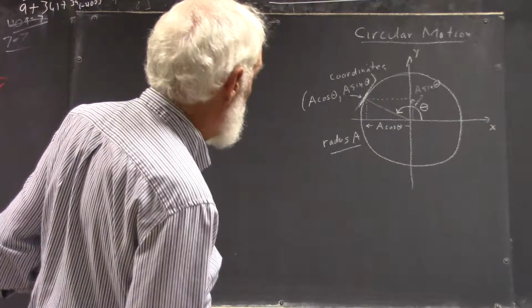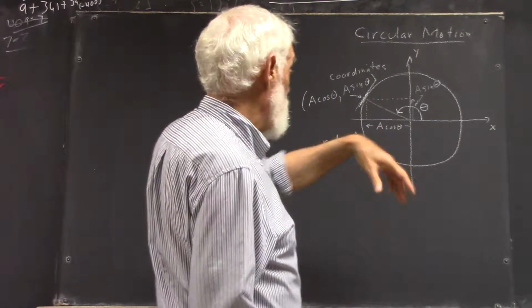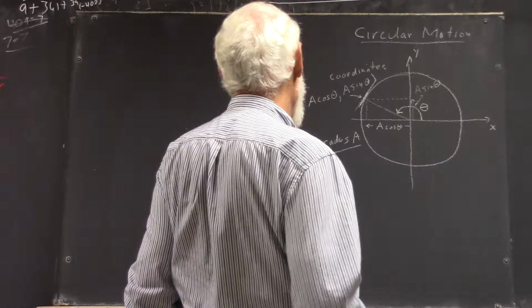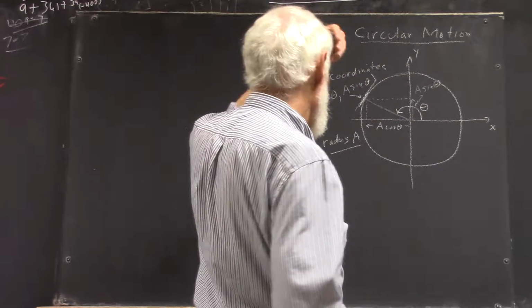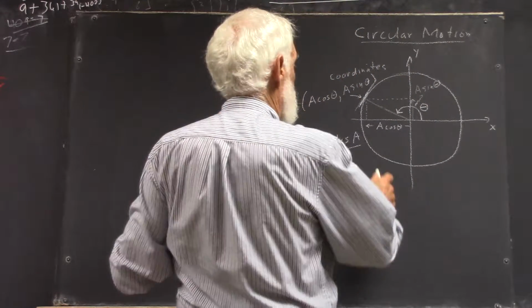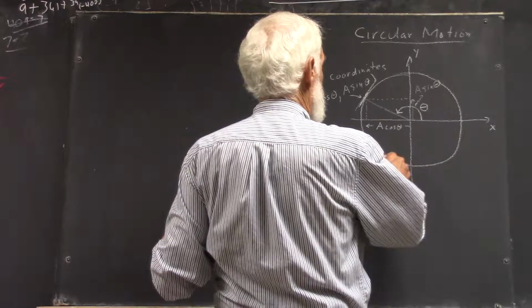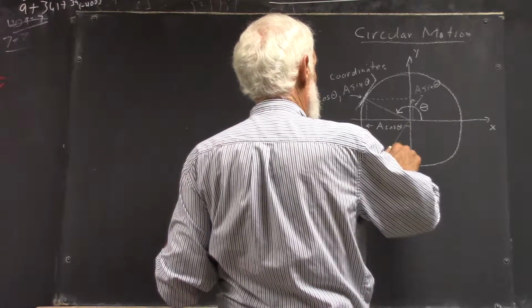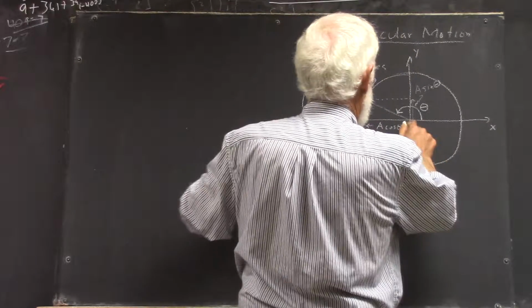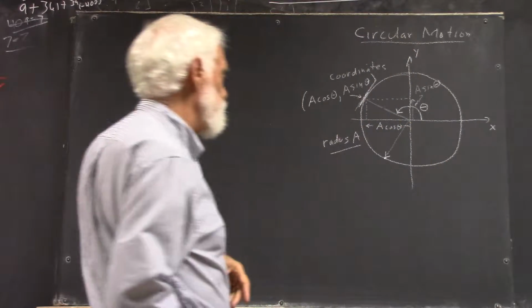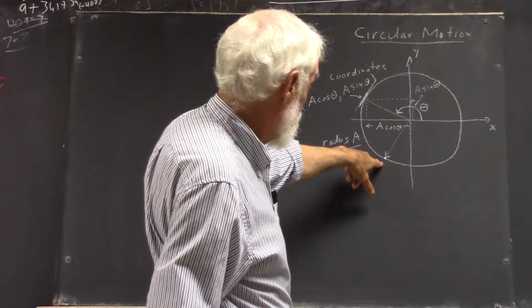Okay, well, there's much more. We're talking about motion on a circle. So if the point is moving around the circle, let's just take a point down here in the third quadrant. Now, some of these labelings are overlapping. Didn't plan it out well enough, but you get the idea.